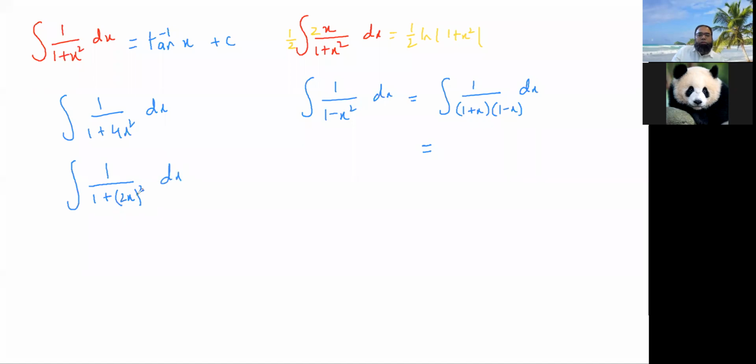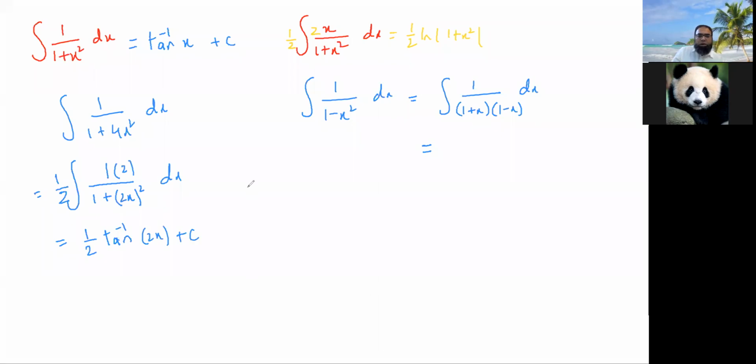So when this angle is now 2x, you need to have 2 over here. So you will have to have this half here. So this integral would be half tan inverse of 2x plus c.